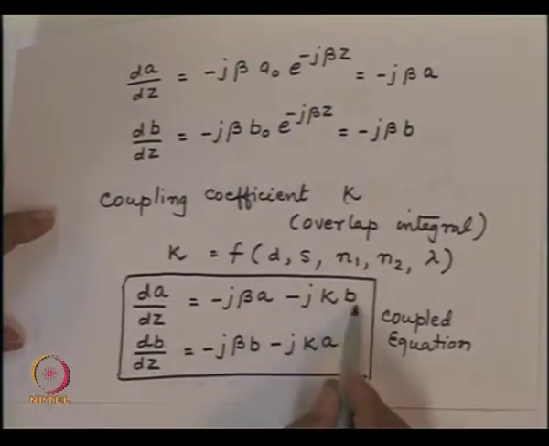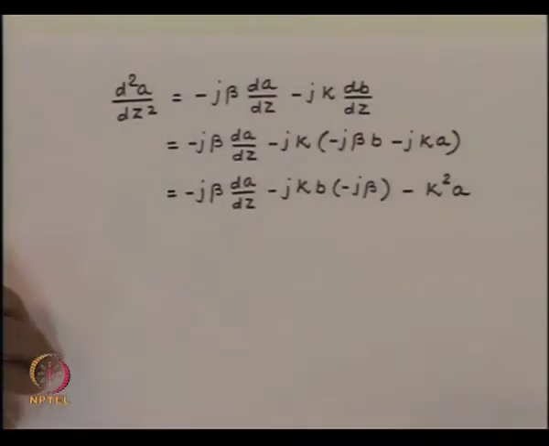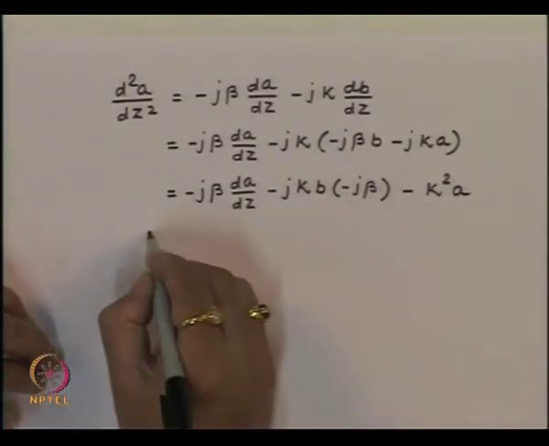So minus jkb will be equal to dA by dz plus j beta A. So I can substitute for that.